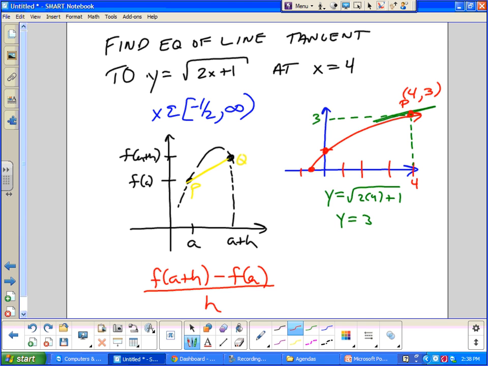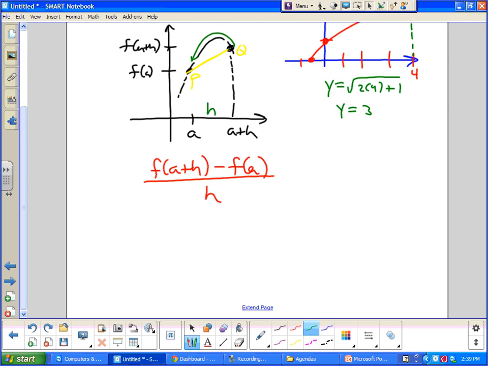And that would give me the slope of that gold secant line. But I don't want a secant line. I don't want 2 points, I want 1. So I am going to pull Q back to P and make h go to 0. So I'm going to change this to a limit as h approaches 0. And all of a sudden, this becomes a tangent line at value a.